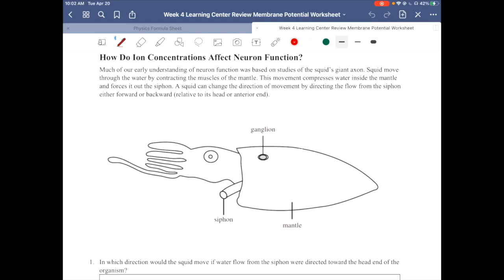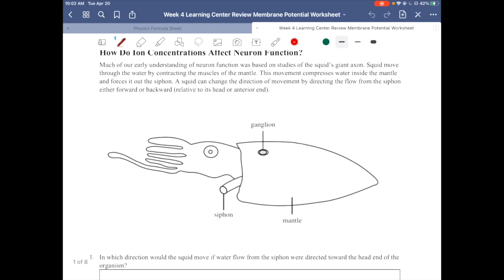So it's just talking a little bit about how the squid moves, and the reason we're looking at squids is because a lot of the preliminary studies were done on the squid's giant axon.